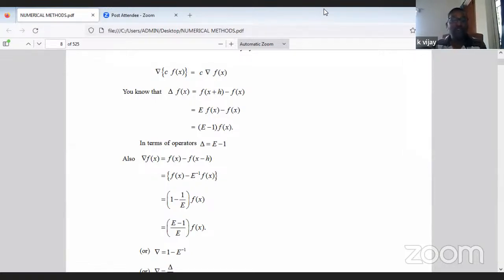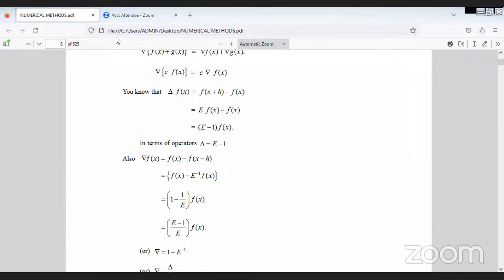Therefore also nabla f of x is f of x minus f of x minus h, that is f of x minus E inverse f of x.